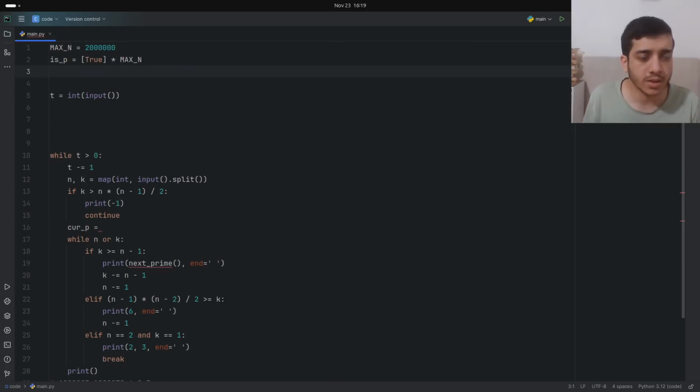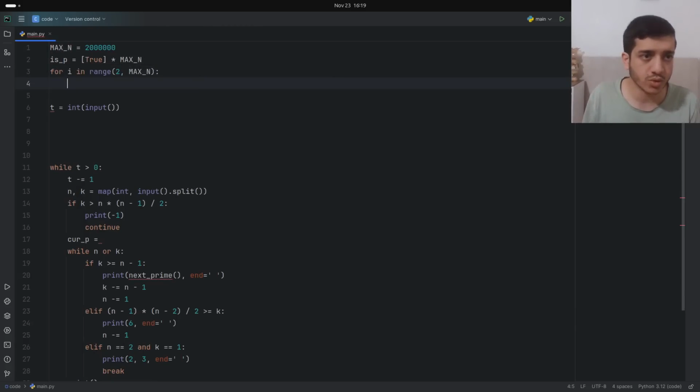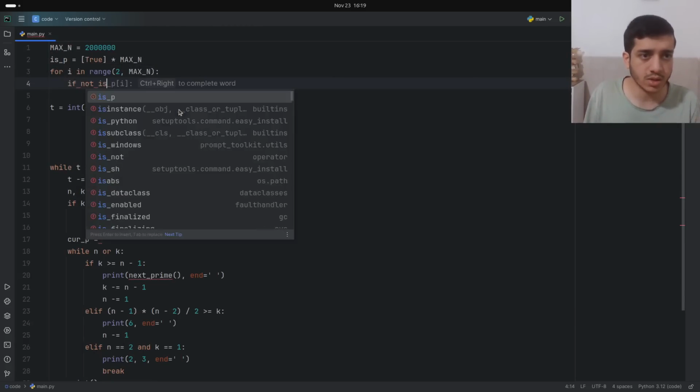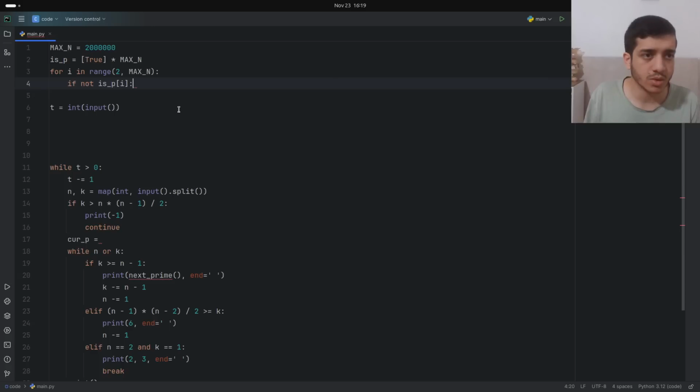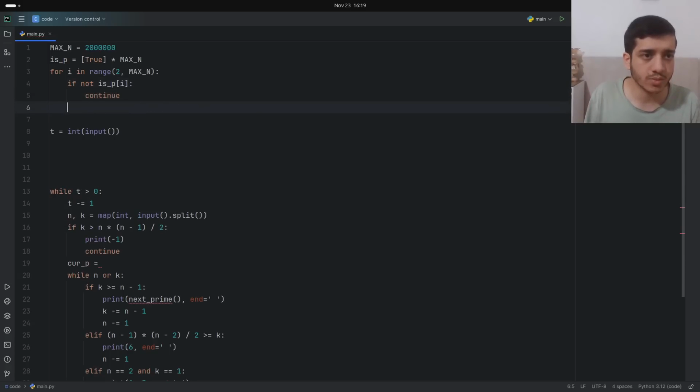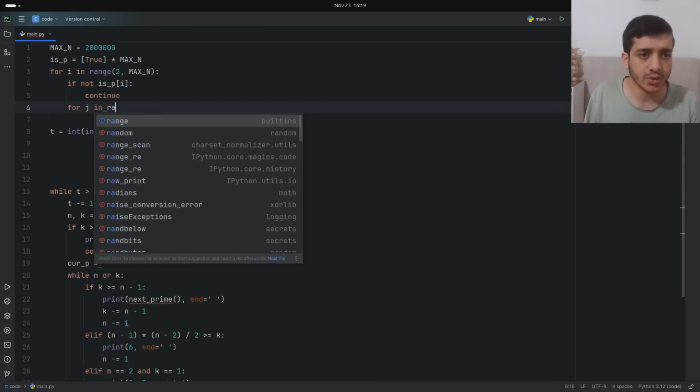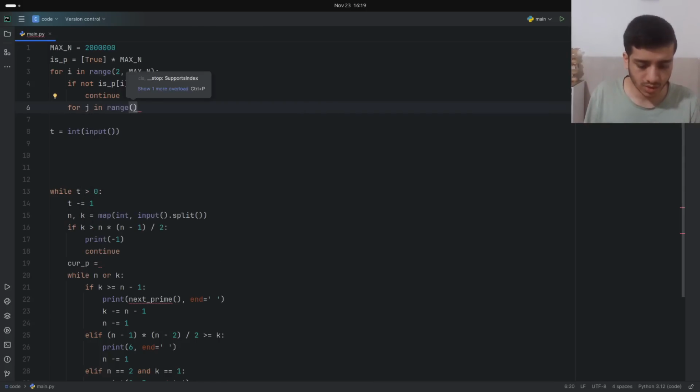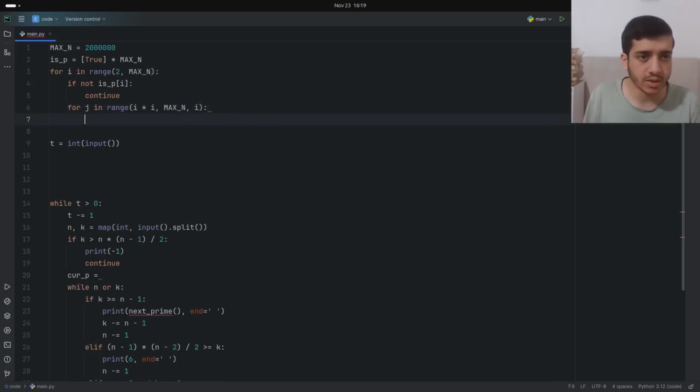And then for i in this range starting from 2, if not is prime, continue. Otherwise, for j in range i times i to max n step i, set is prime to false, and that's it.